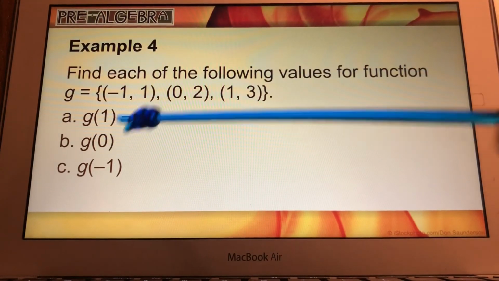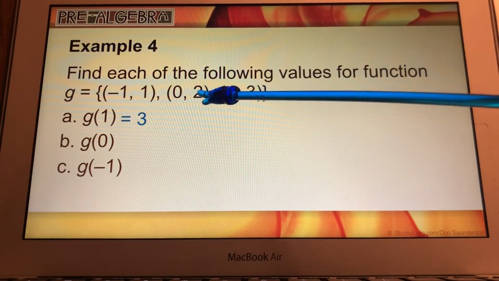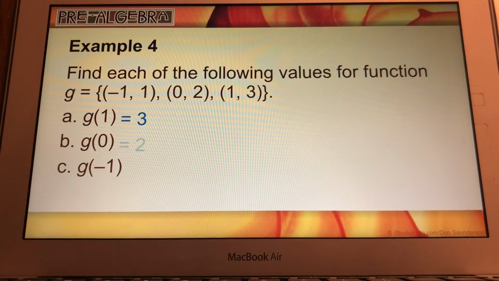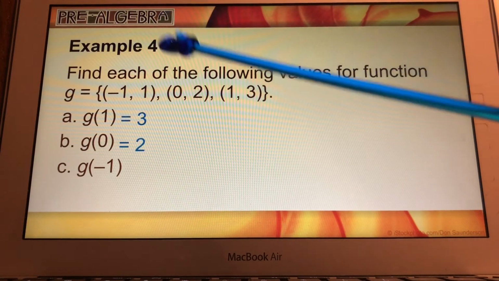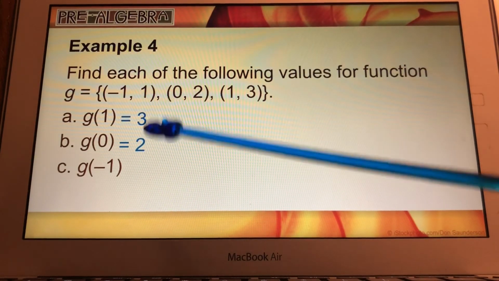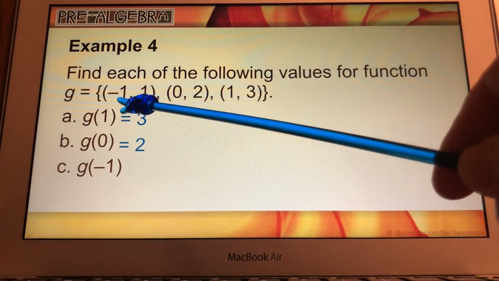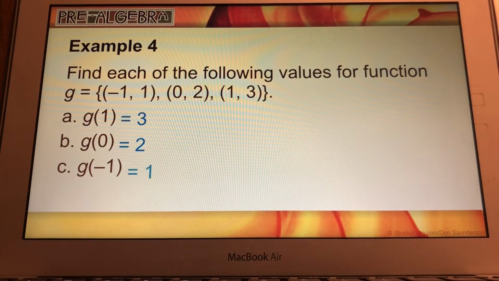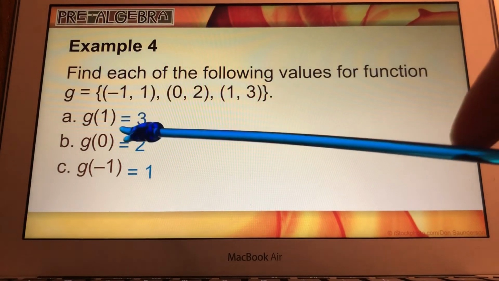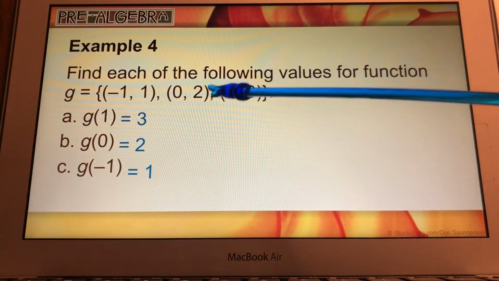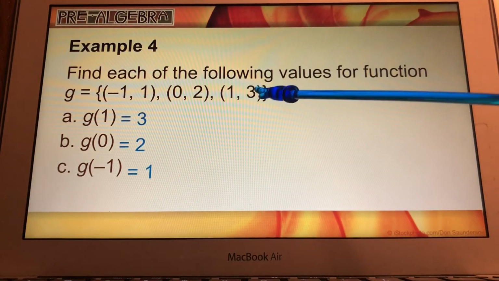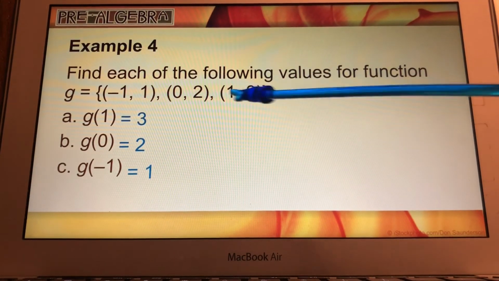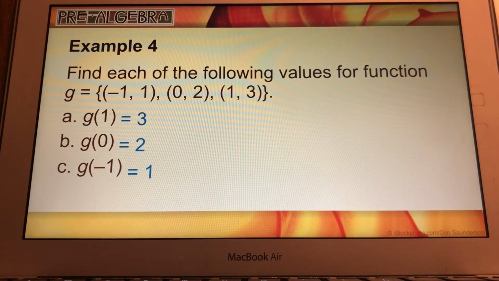When you have 0, my function is going to equal 2, because that's this ordered pair. Negative 1, here's the negative 1 ordered pair, and then that function is equal to 1. So basically you're just finding the pair each of these is matched with, and then your answer is the y value.